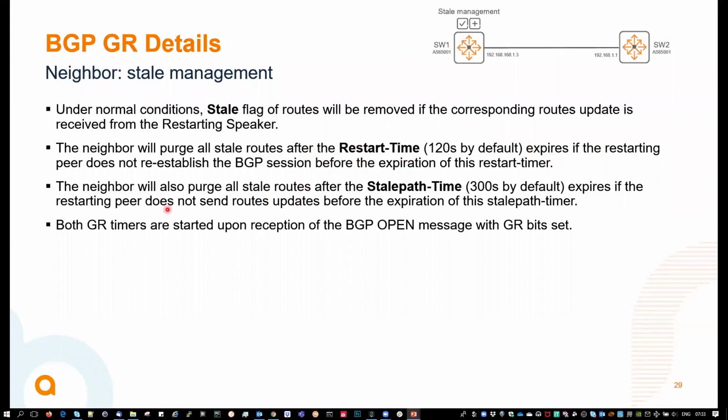Also, the neighbor will purge those stale routes after the stale path time if the restarting peer does not send in time, so switch 2 does not send to switch 1 the route updates before the expiration of that timer. Those two timers, restart time and stale path time, start at the same time, when the first BGP open message with the graceful restart bits is sent by switch 2.